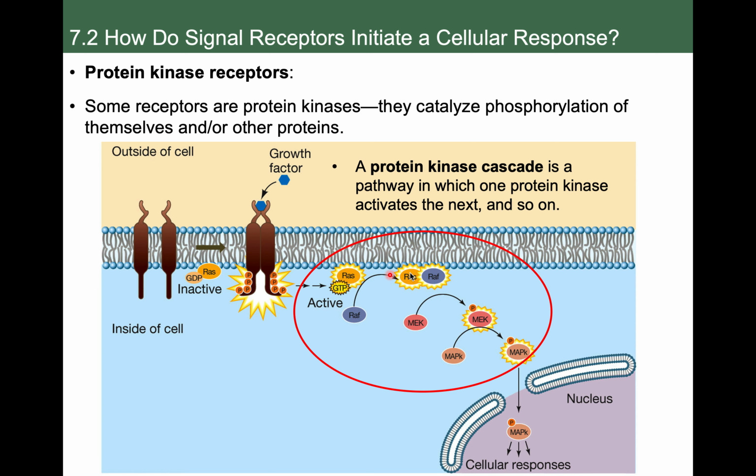You basically have one protein kinase activating another. Eventually this pathway will lead to the nucleus, and we'll get our cellular response. And the cellular response in this case, because our signal was a growth factor, is going to be growth, aka cell division. So this whole pathway would be designed to initiate the process of cell division and mitosis.